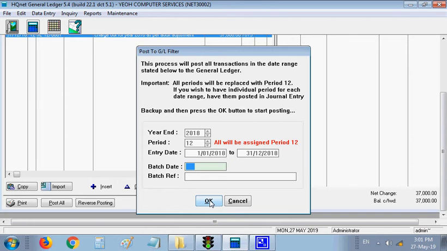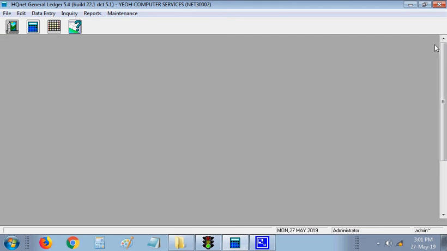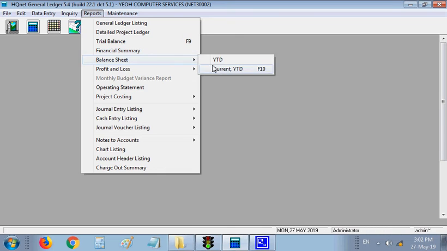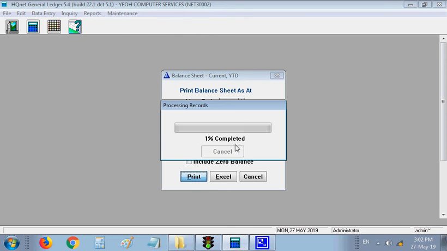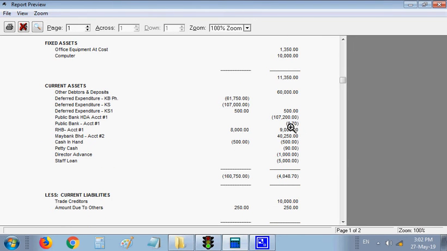Now this is a manual method of charging out. That means what I did is I reversed transactions in the balance sheet, which is 107,000, into, that means I'm transferring this account KS. Now it becomes 0. Originally it was 107,000.